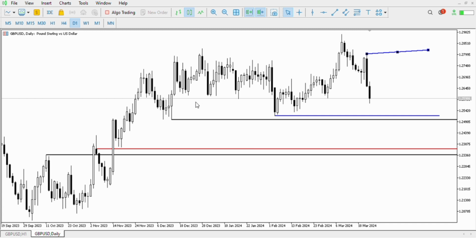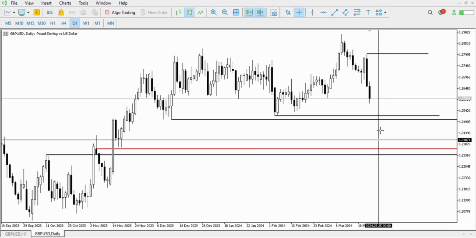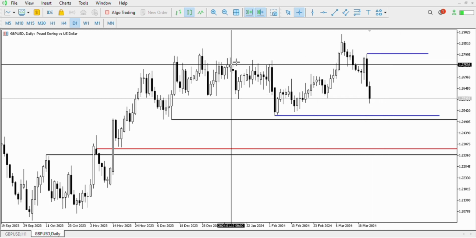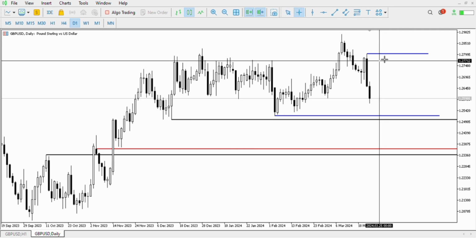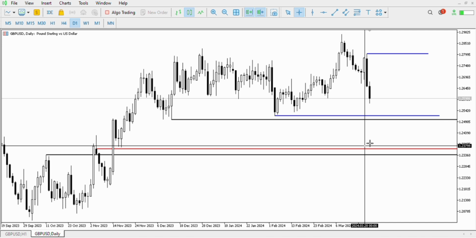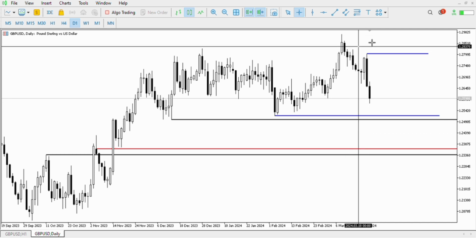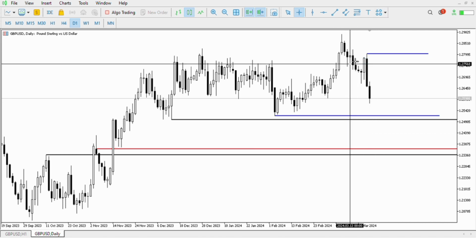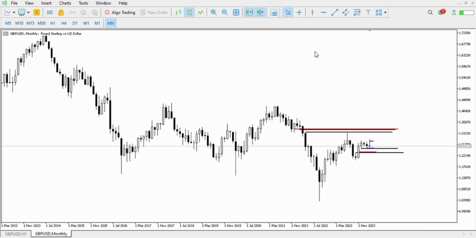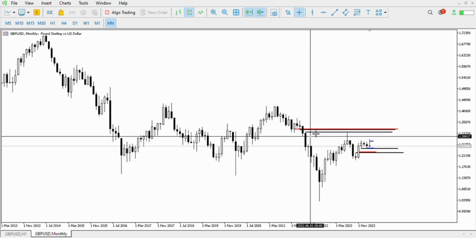A move above that area simply means that price wants to continue the uptrend. If price did not head to this blue line and just reverses and starts heading higher and goes above this blue line, it simply means that the idea of price heading to this red line, this other block right here, is invalid, and price is just heading higher to, if you look at another block that we have above the current price, this area right here.